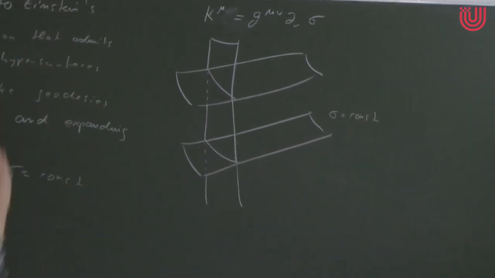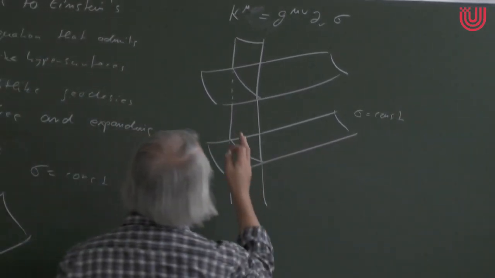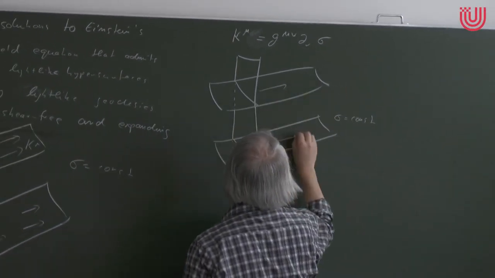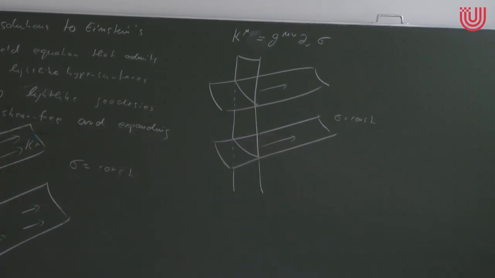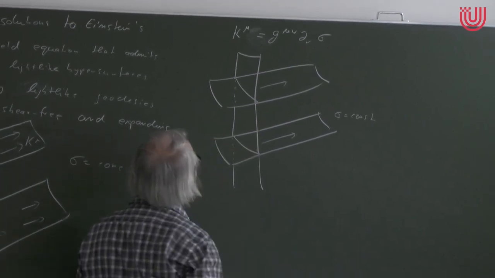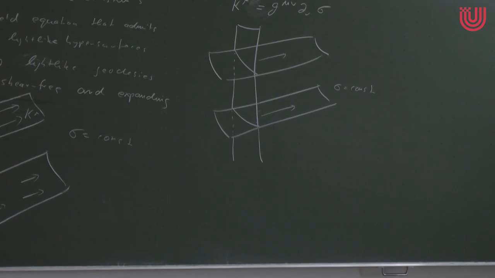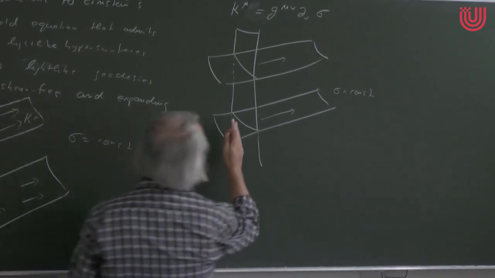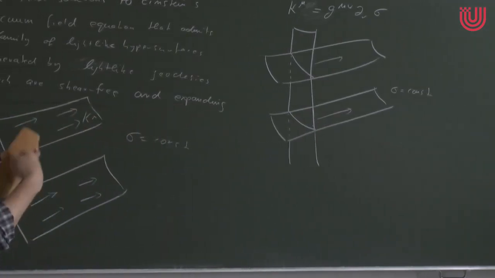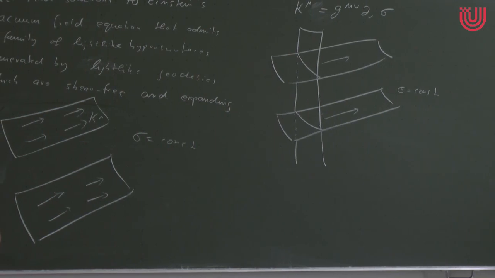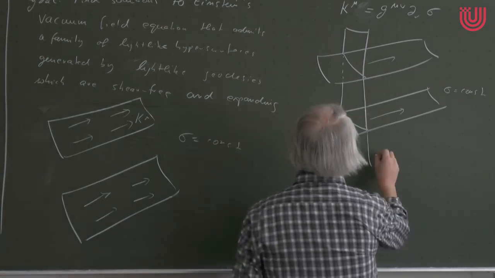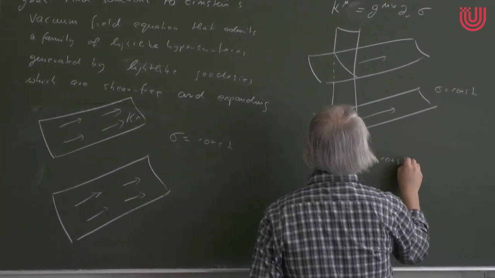Yeah, so if I have one of these surfaces, then I can transport them with the flow of this vector field K mu. If I label one of these surfaces with a number rho naught, say, then these other hypersurfaces would be labeled with other numbers of rho, where the flow of K mu maps these surfaces onto each other. So these surfaces then become surfaces rho equal constant.